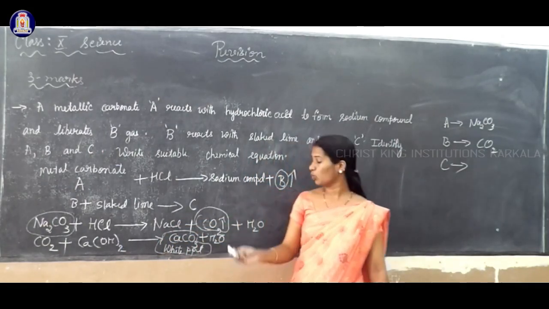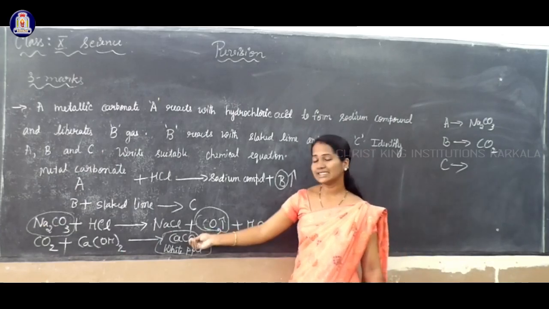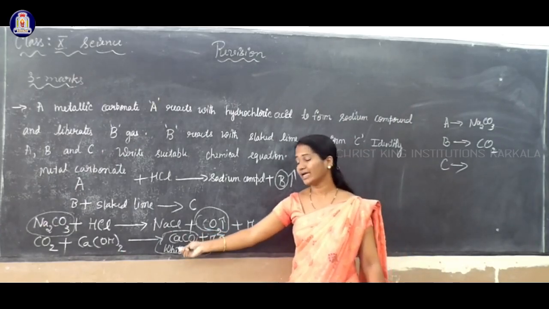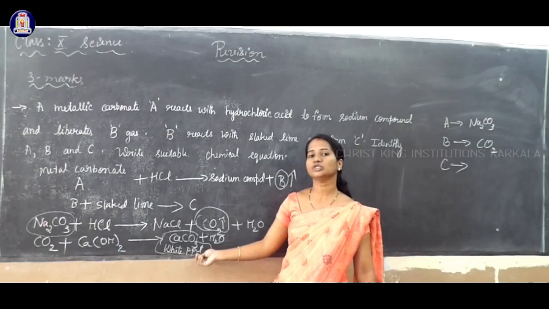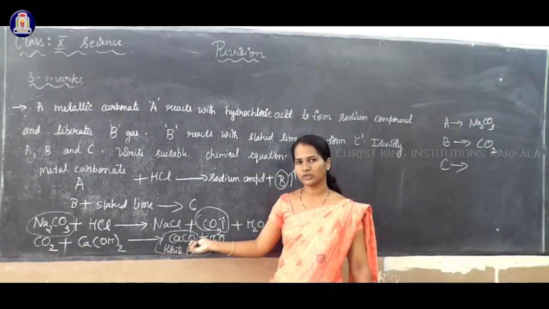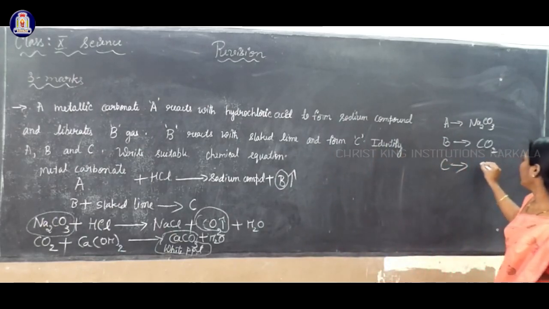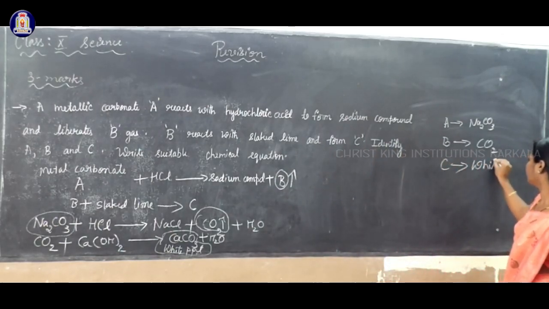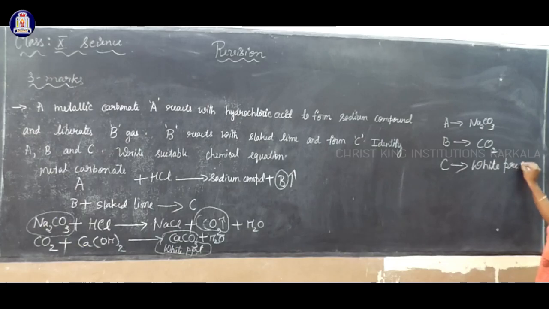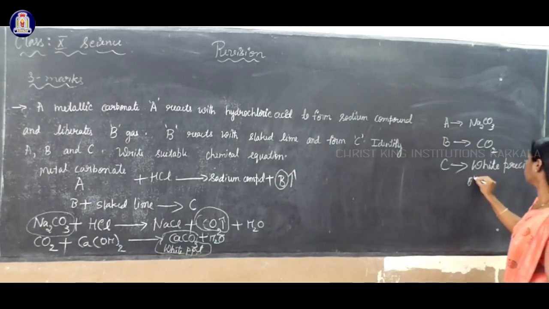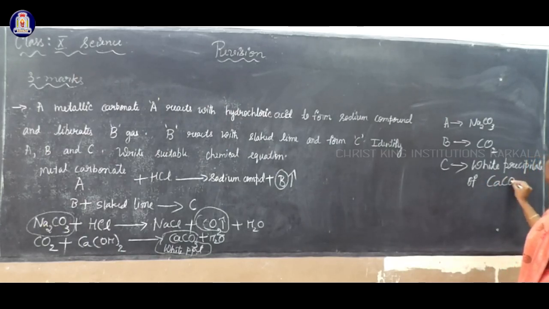No need to write water here because calcium carbonate is given. It is a white precipitate. So you have to write C is the white precipitate of CaCO3.